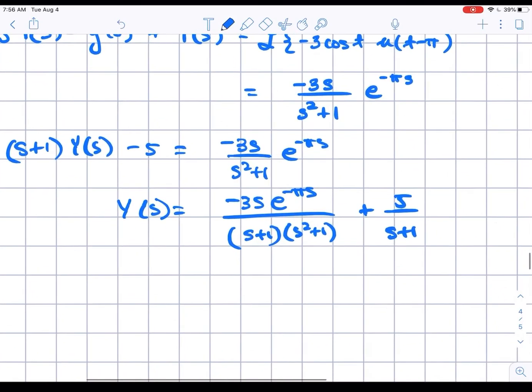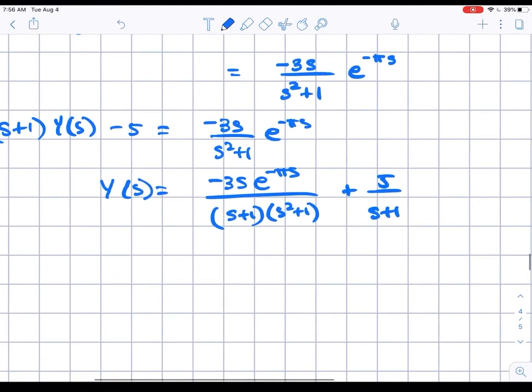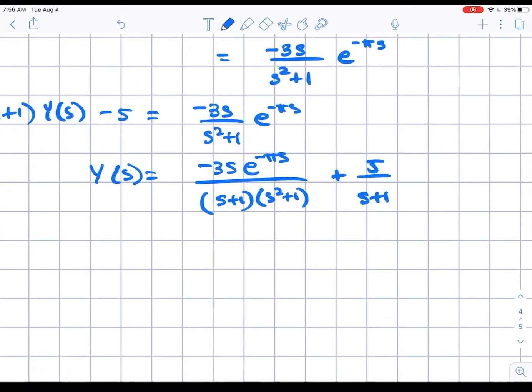So the 5 over the s plus 1 is the easy one. So I'm going to rearrange some things, right? Let's put the 5 over the s plus 1 because that's the easiest. And then here, again, you have to do a partial fraction, which we did way back earlier, so you can look up how you do this.